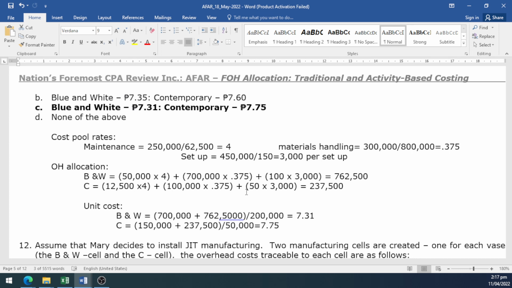Then 100 times 3,000, yan yung allocated setup cost sa kanya. The total overhead allocated to blue and white is 762,500. And for contemporary, ayan po, 237,500. Ang unit cost natin ngayon, ayan, prime cost plus allocated overhead divided by units. 731 for blue and white, and then 775 for contemporary. Yan po ang activity-based costing.